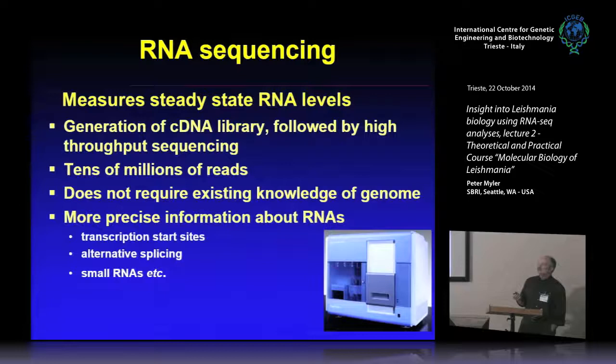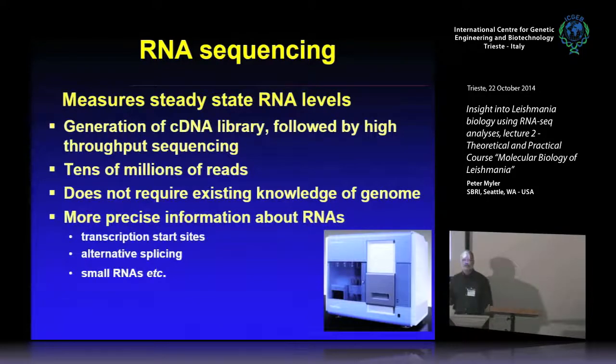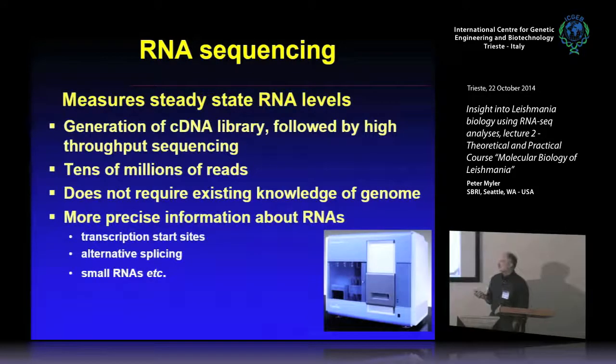Starting 4 or 5 years ago, that was really replaced by RNA sequencing, which is what I'll be talking about most of the time today, where you make cDNAs, and then instead of hybridizing, you just sequence them using usually an Illumina platform, and you generate tens or hundreds of millions of reads.